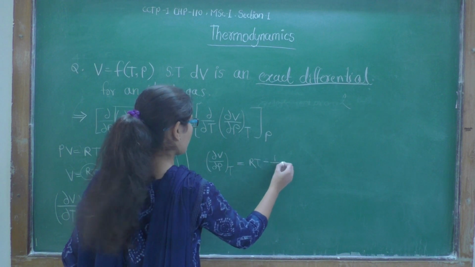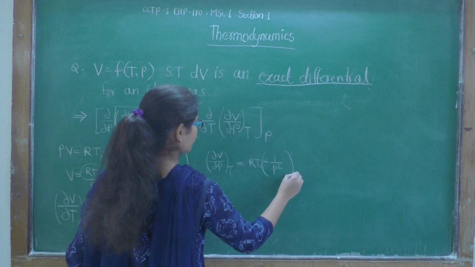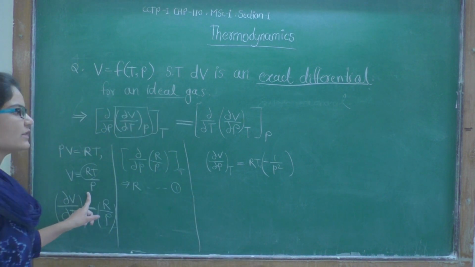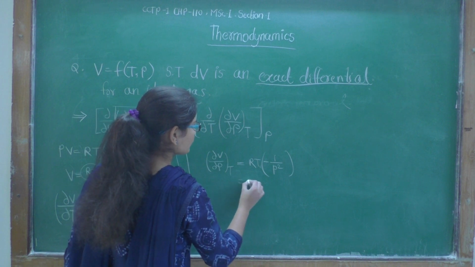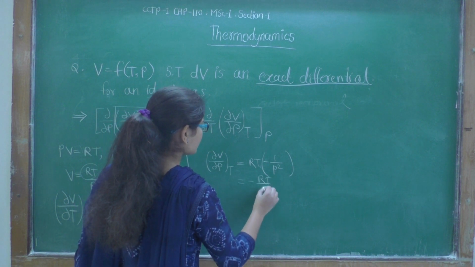Derivative of 1 upon x is minus 1 upon x squared. So it is minus RT upon P squared.